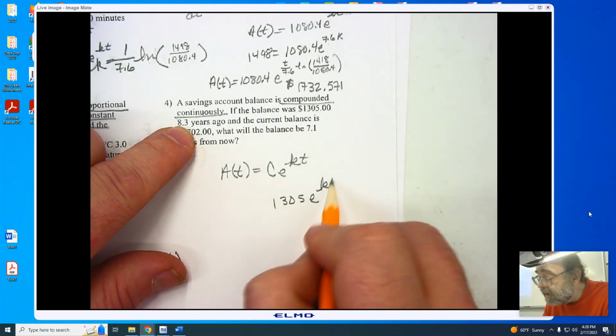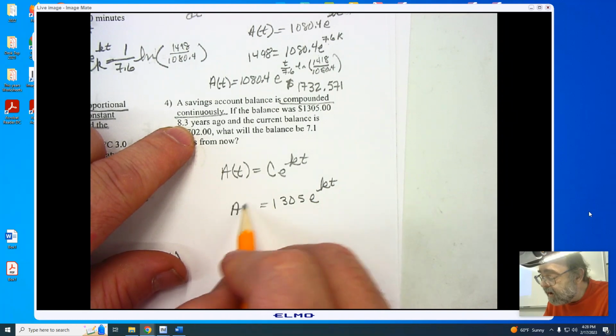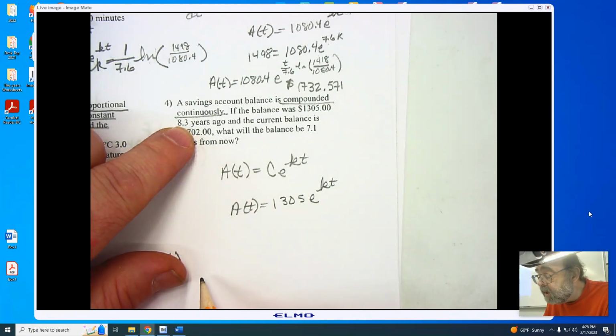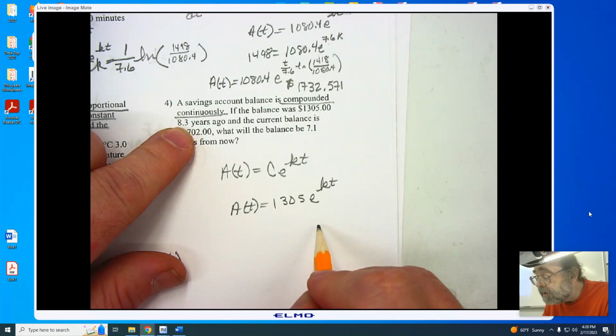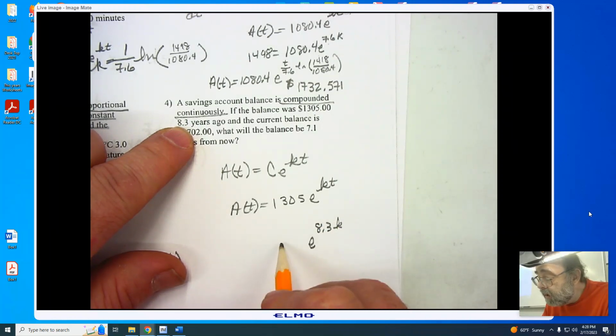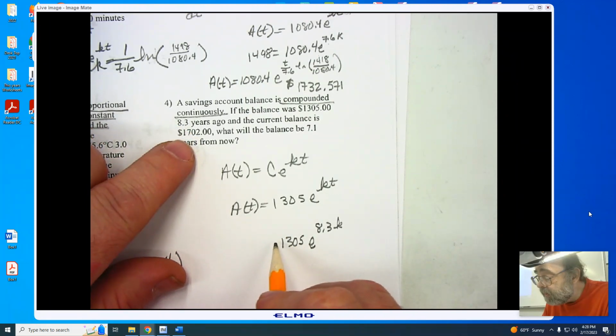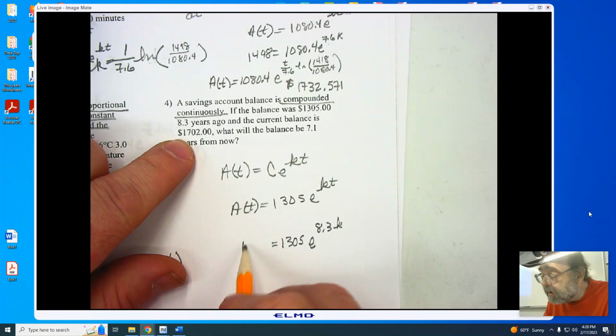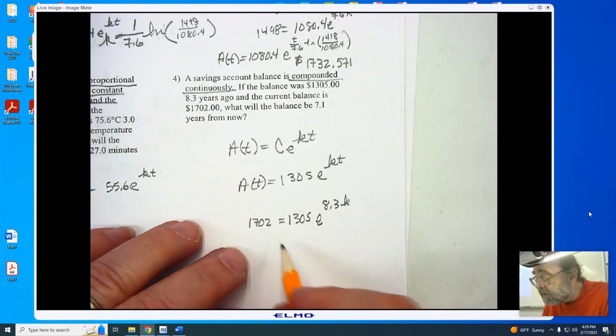We are looking at kt power equals A of t. We're now going to use that 8.3 as our time. So 8.3 times k, e. We have 1305, and we are told that we have $1,702.